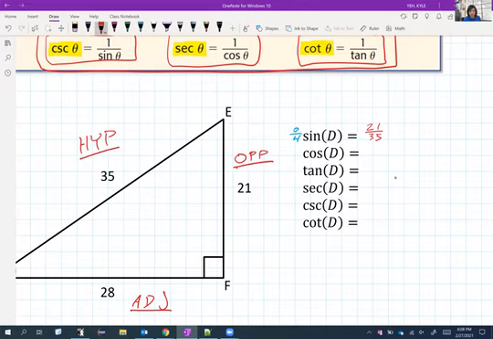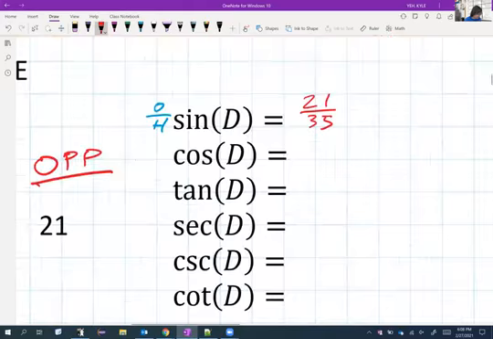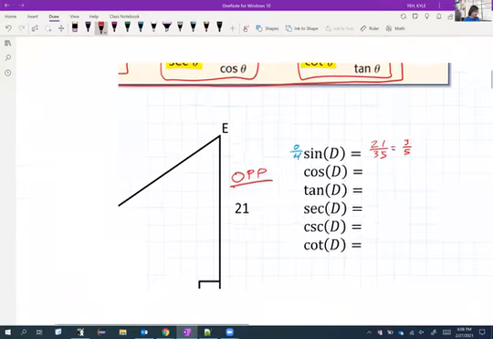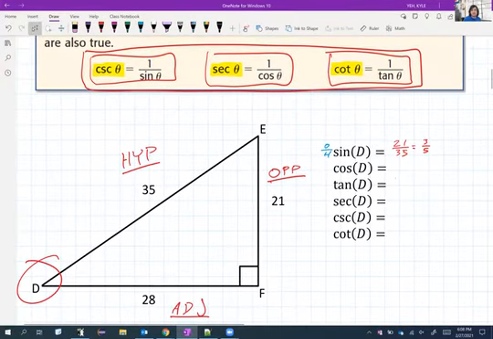Because I've already labeled those, opposite and hypotenuse, 21 over 35, which, as we are in the habit of doing, we can simplify this fraction, dividing both by 7, to 3 over 5. So sine of angle D equals 3 over 5. That means the opposite side is 3/5 as long as the hypotenuse. It's a little bit more than half the length of the hypotenuse.